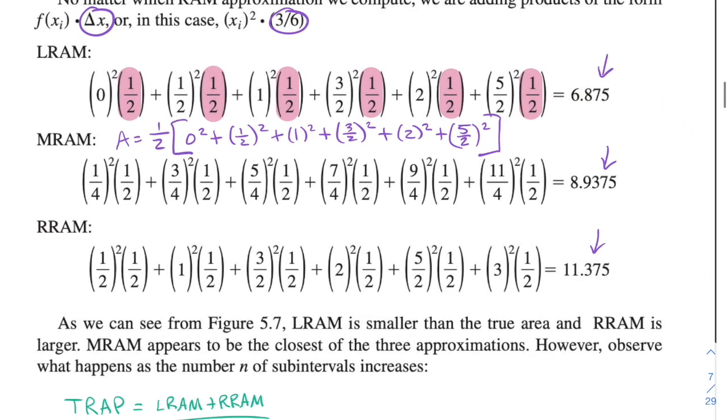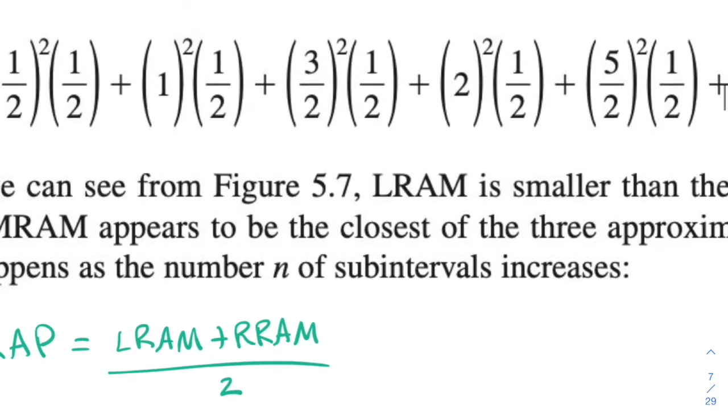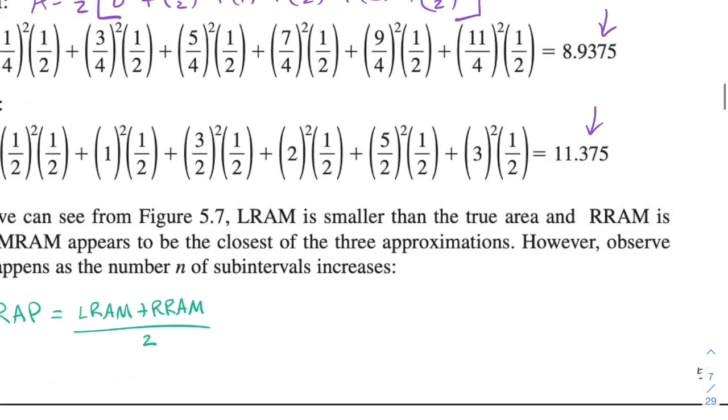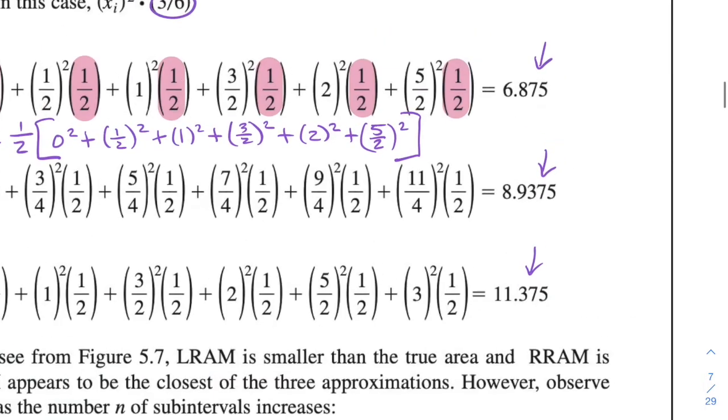Because remember, LRAM and RRAM both have the 1/2, which is the width of your rectangle. Now it's going to be the width of your trapezoid, but it truly is the height of the trapezoid now. And so your trapezoid now is based on the left and the right-hand side because those are your L1 plus your L2.